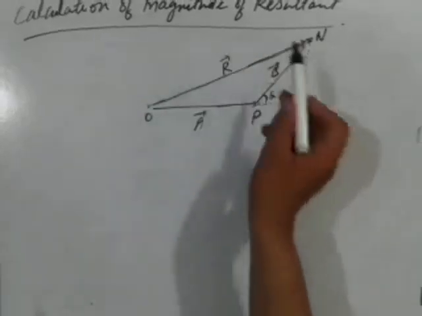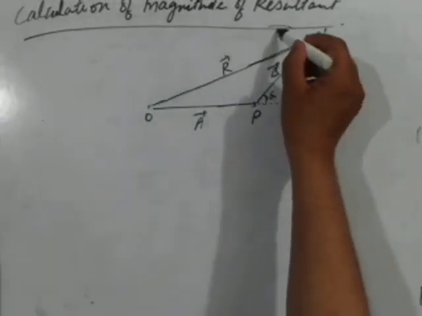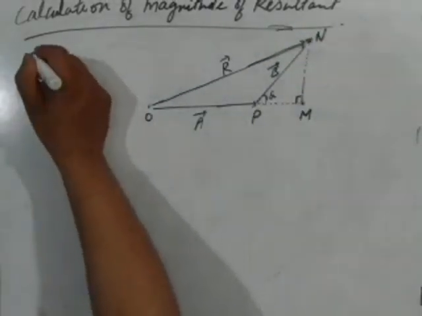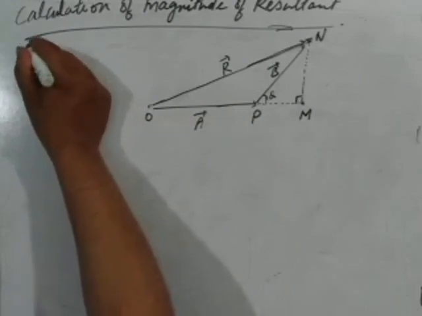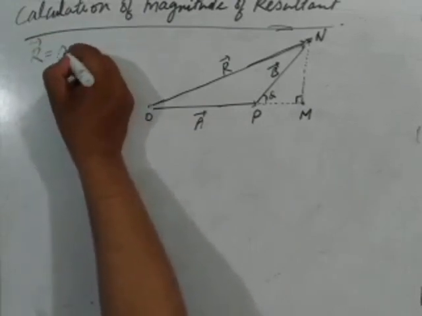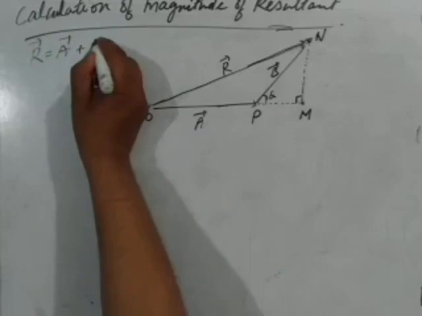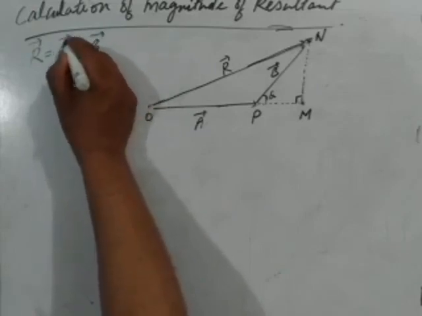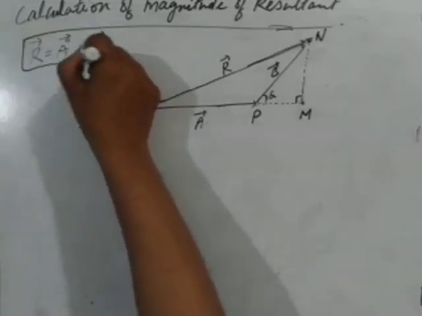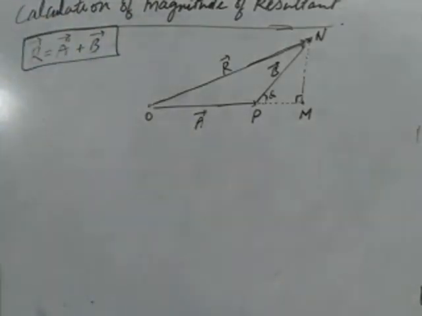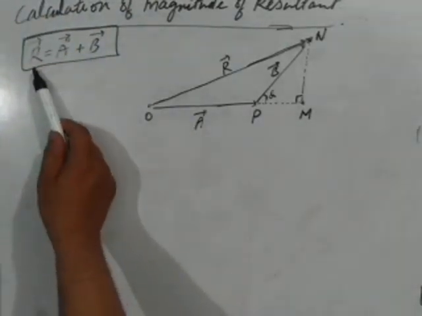We have to calculate the magnitude of the resultant. In vector form, we know R vector is equivalent to A vector plus B vector. This is the vector form. Now first of all, we should understand what we mean by resultant.